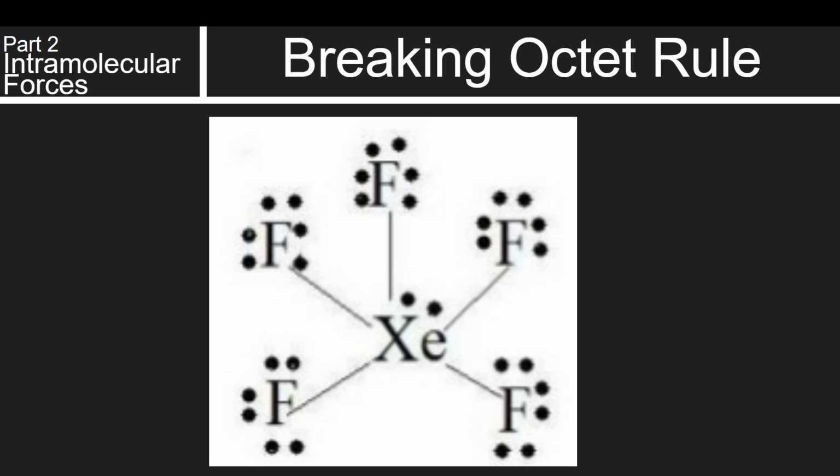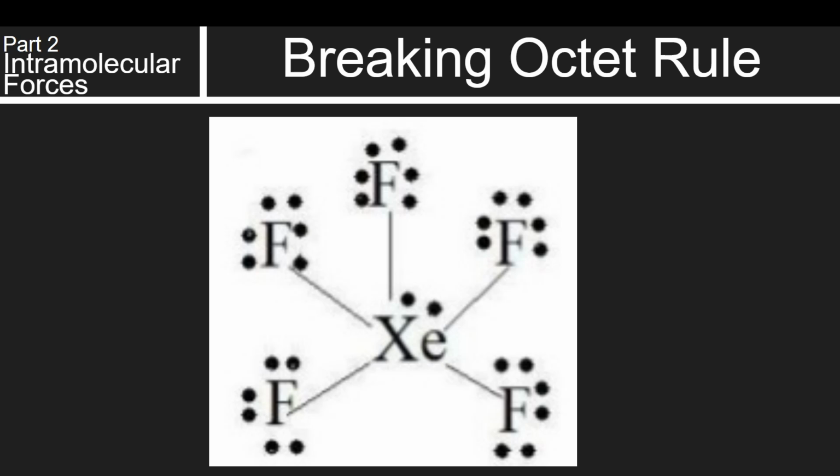But when you actually start counting your valence electrons and trying to distribute them about the xenon and the fluorines, you'll find out that you have to break the octet rule sometimes, and that's okay. So if that does end up happening, don't think that you did something wrong. It's just a reality in nature that sometimes the octet rule is broken, and this mostly occurs with elements beyond atomic number 20.